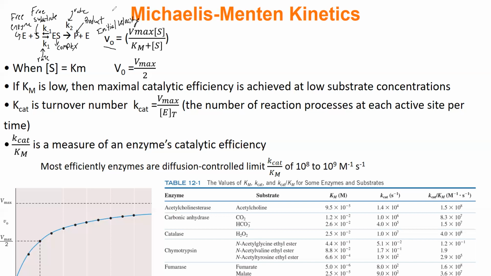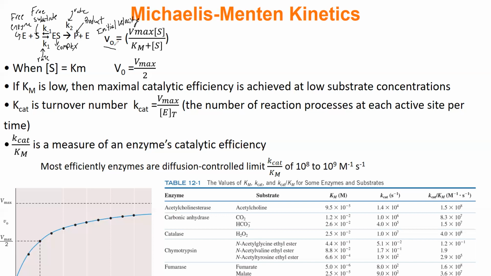However, if the experiment continues to run, then I actually don't know how much substrate's there anymore, because some of it is making product and some of it is in the enzyme substrate complex, right? So that's why we only care about velocity at the very beginning, because we can actually measure it.